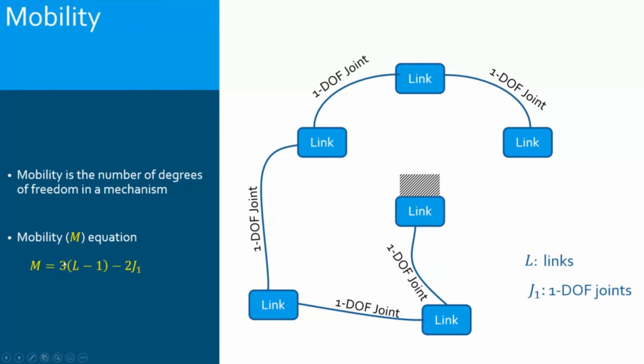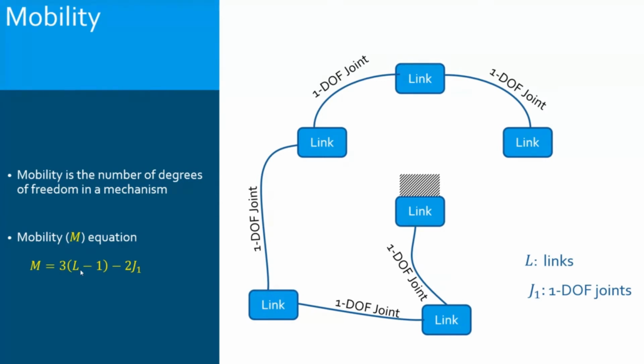So I have started with 3 times L. This is the available degrees of freedom in the mechanism. I have consumed 3 degrees of freedom by the ground, and I have consumed 2 times J1 degrees of freedom by the lower pairs, by the kinematic pairs that allow only 1 degree of freedom.